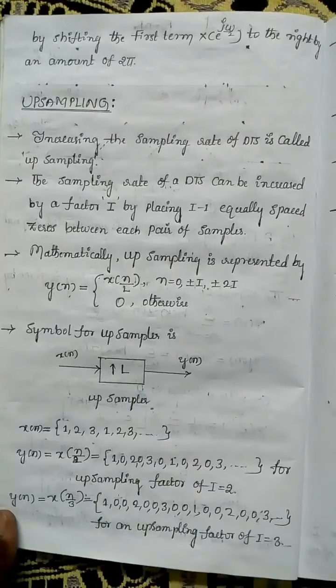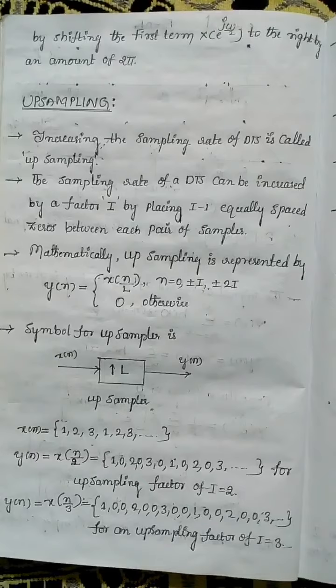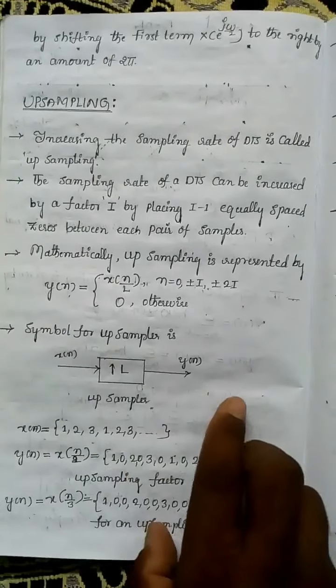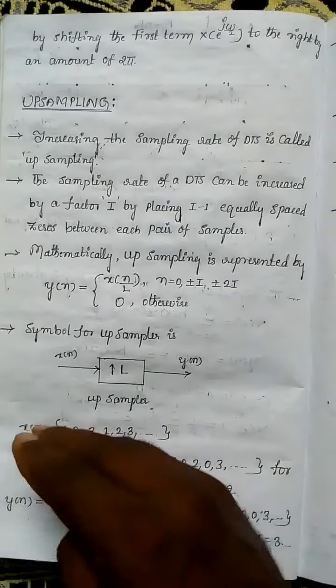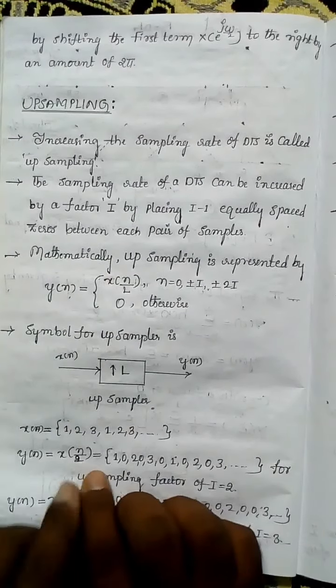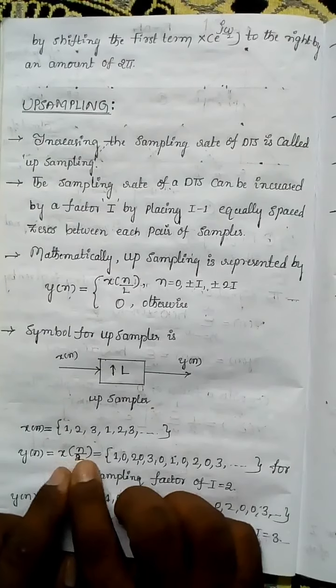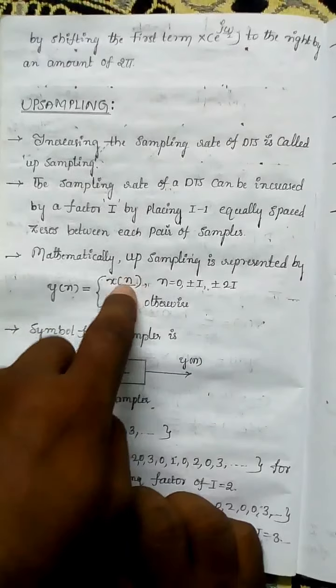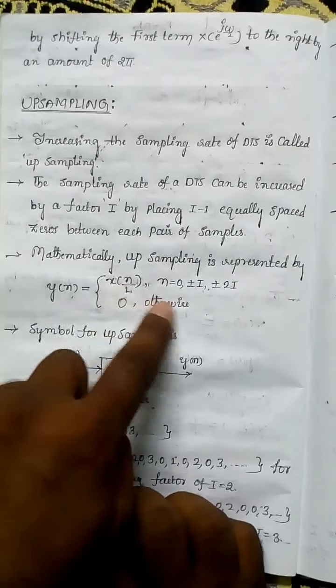For example, take an input sequence x of n equal to 1 2 3, 1 2 3 and so on. The upsampling equation is y of n is equal to x of n by 2. You remember this one.